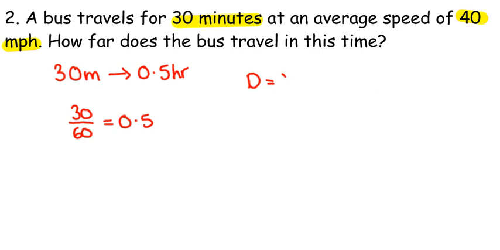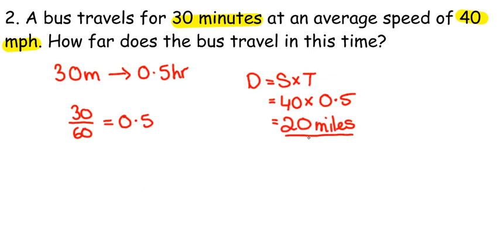So distance is speed multiplied by time, which in this case is 40 miles per hour multiplied by 0.5 of an hour, and that will give us a distance travelled of 20 miles, which is a much more reasonable answer than if we just did 40 times 30 and reasoned that this bus is going to travel 1,200 miles in that time.